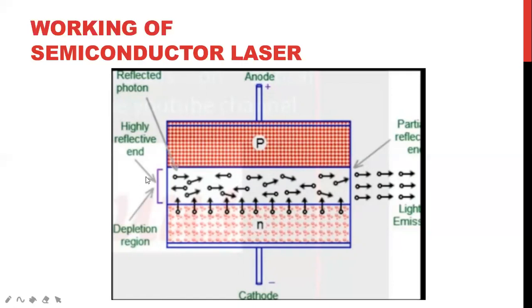Once a photon is incident on the active region, those electrons in the higher energy level will interact with that photon and result in emission of multiple photons of the same nature as that of the incident photon.